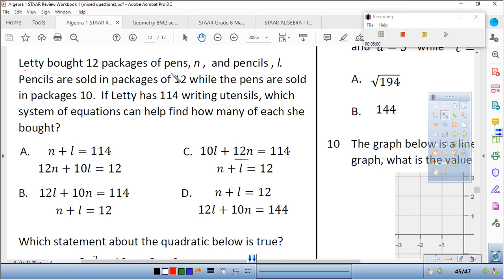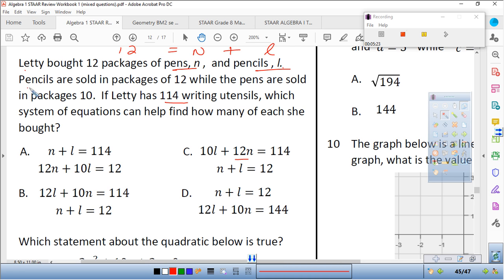Letty bought 12 packages of pens and pencils, L. Okay, so that's why they stopped there. So packages of pens and pencils, okay? So we know packages of N and L equal 12. Now they start giving us a number of pens and number of pencils equals a total of number of utensils in general, right?